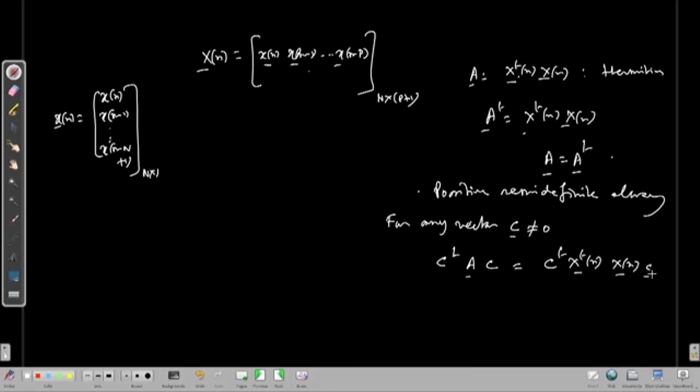X n into C, it is a matrix times a column vector, you call it D. So D is a column vector. And this is x n C transpose, which will be D transpose. If you take D as x n matrix into C, and C is a non-zero vector, then if you take transpose of D, it will be C transpose x transpose n. So D transpose D is norm square of D. Norm square can never be negative. So it is always non-negative. That is always true.